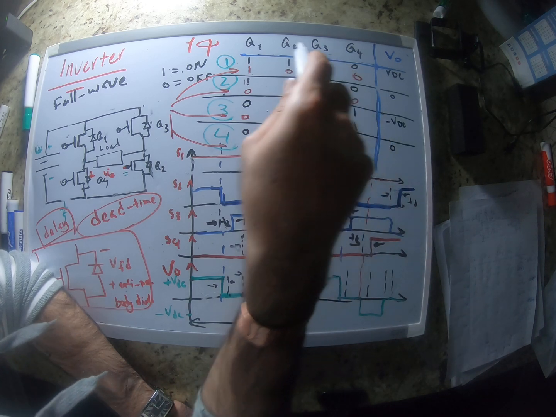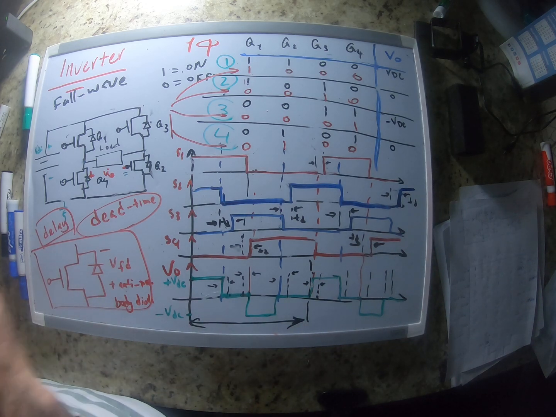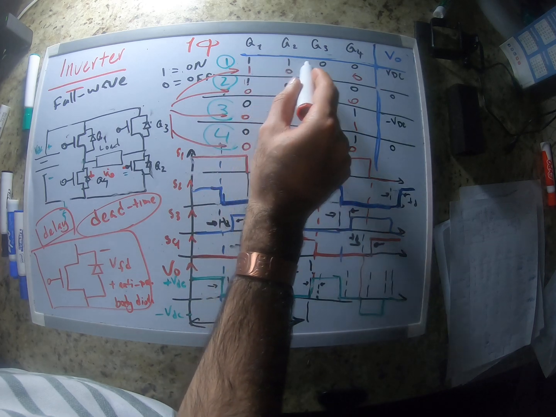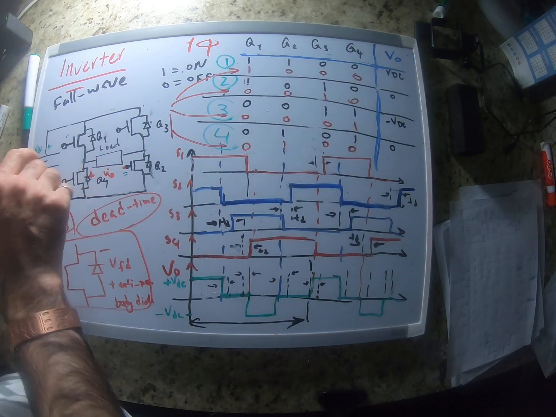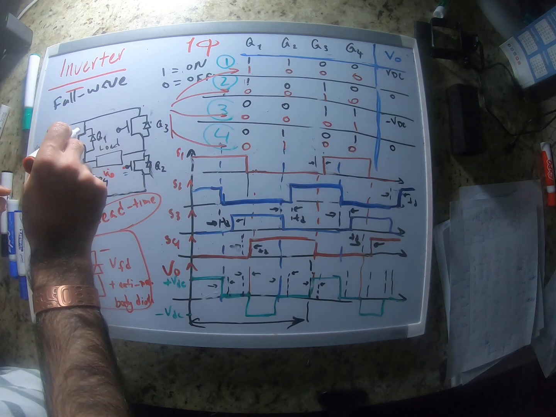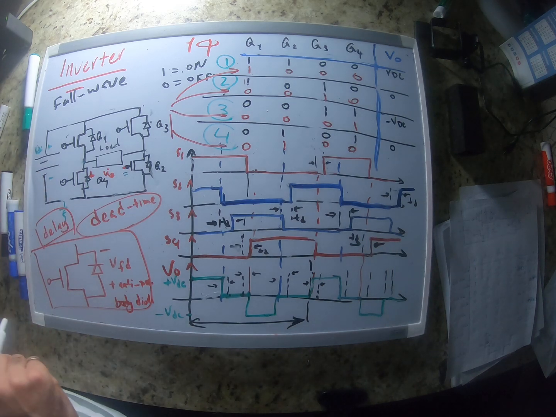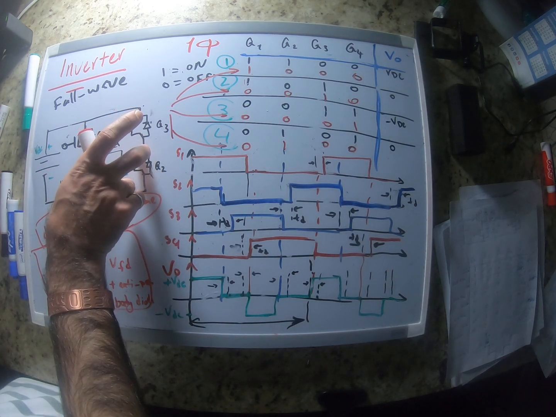Let's look at what happens in that case. This is very important, so I hope everybody is following. We had 1 and 2 on at the same time. When 1 and 2 are on, we have a current going through this one, through here, and through here, right? The voltage across this is always going to be VDC in this state.